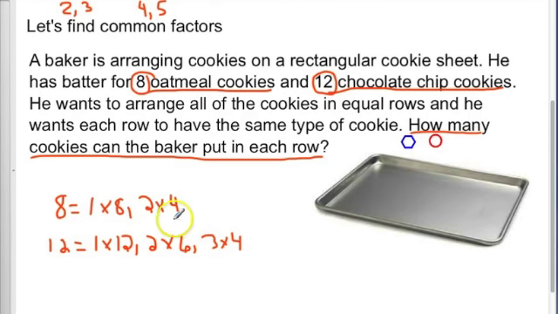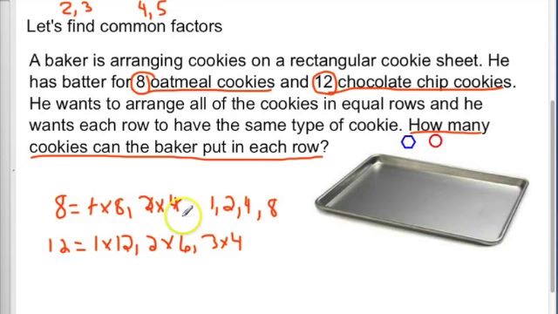So when I look at the factors for 8, I am going to start with 1 to list them in order. So I see 1, and then I see 2. The next would be 4, and then 8.